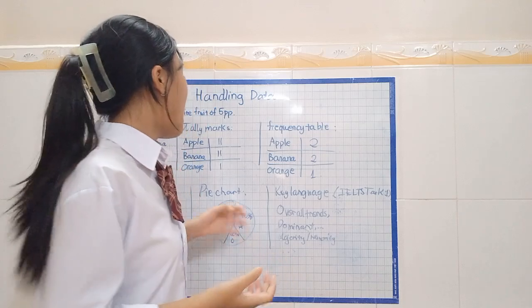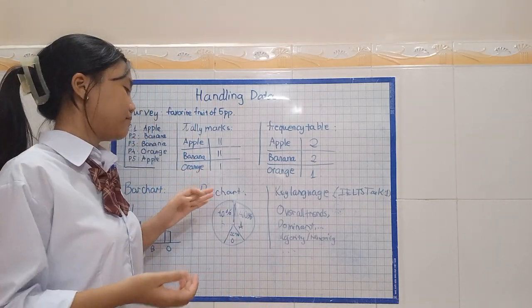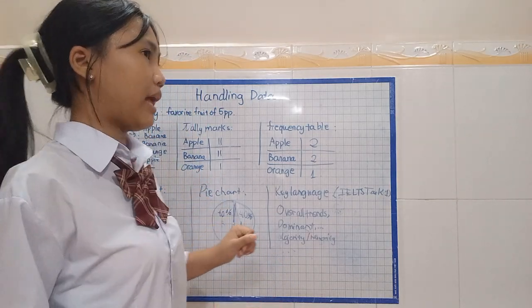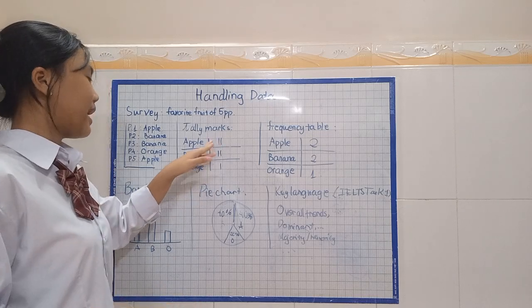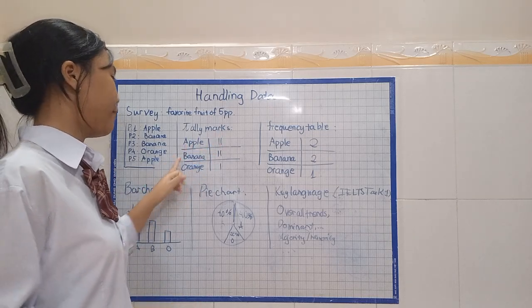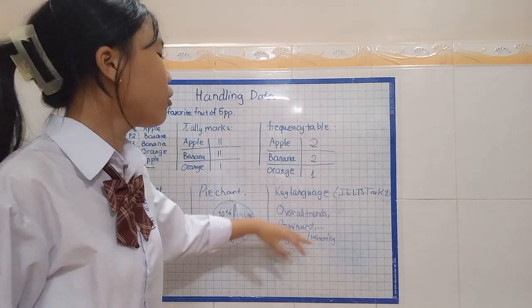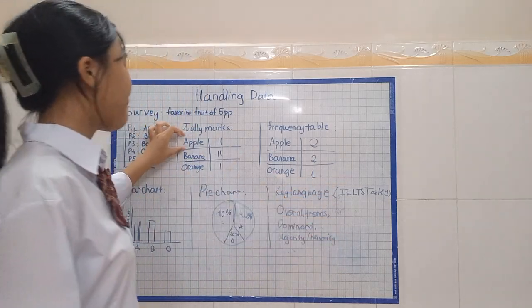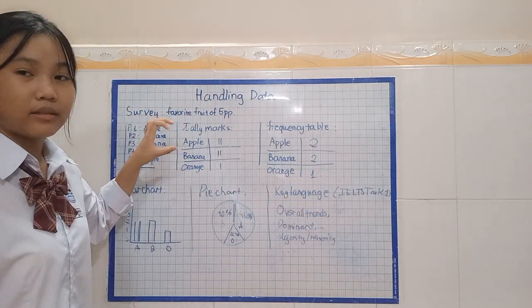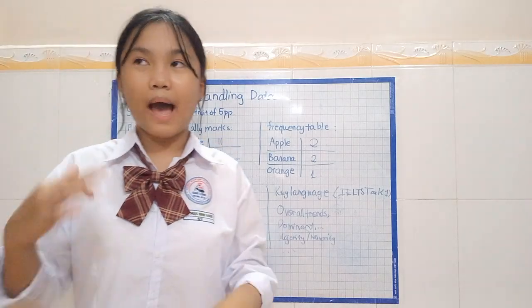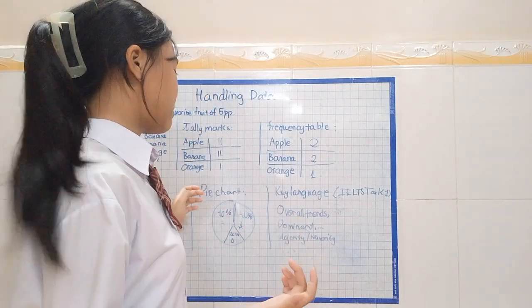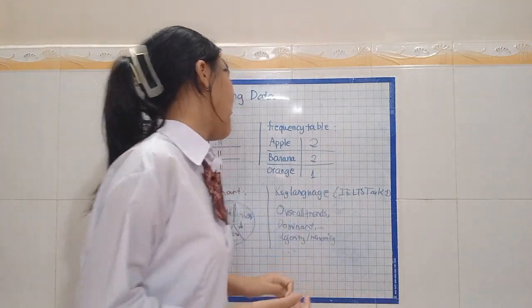For example, maybe here we could see that 2 people like apple and 2 people like banana. So let's say 3 people like apple. So the overall trend could be the apple here, which has the most people who like it.